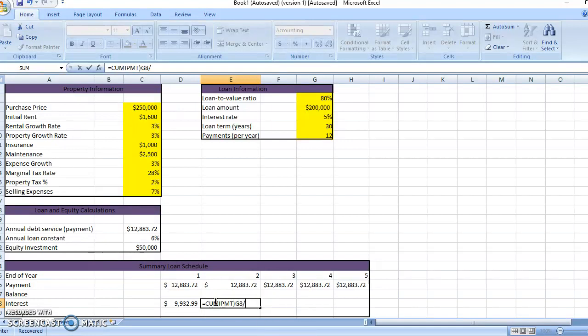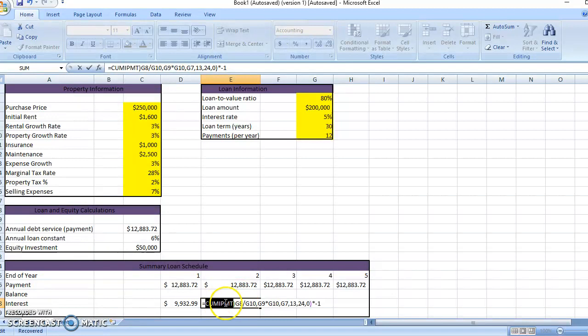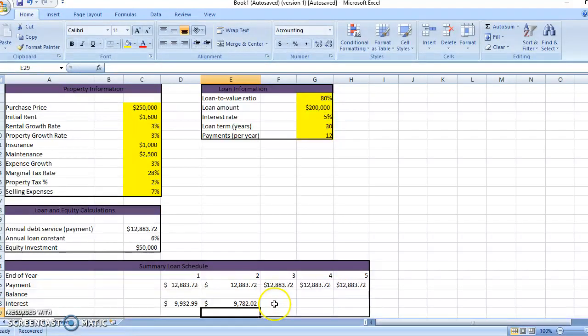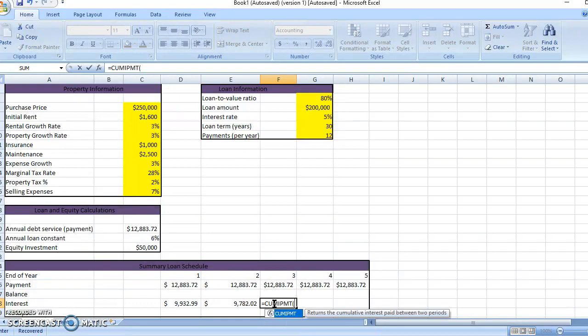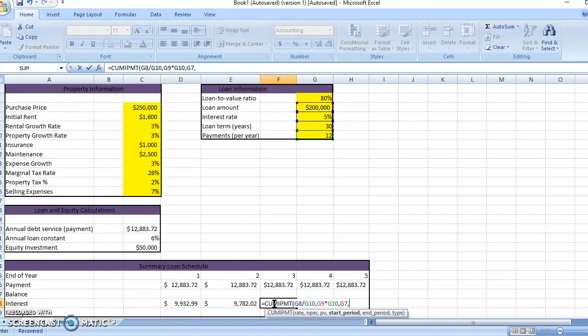And you do the same thing again, but instead of 1, it's going to be 13, and we're going to end with 24. Whoops. What did I do wrong? Cumulative payment. Oh, that's what I did wrong. Cool. And then same thing, but instead it's going to be 25 and end with 36.